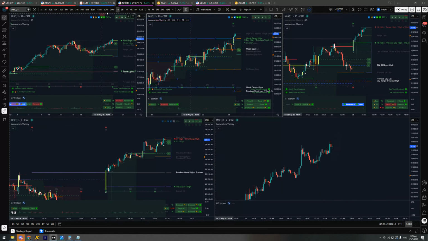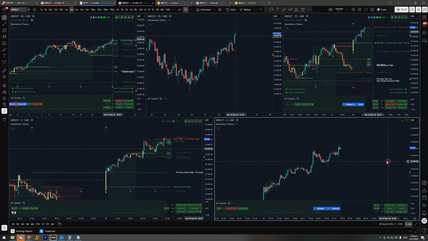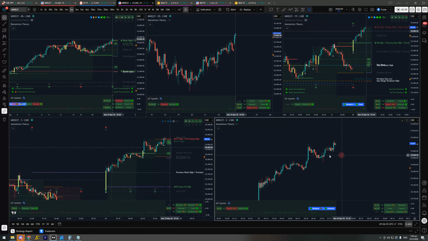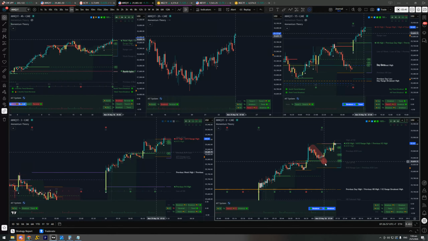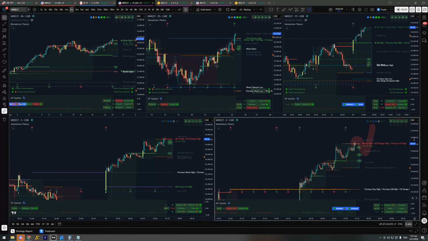See the 2 minutes. So I was essentially looking for a trend retracement on the M2 all the way down here, but didn't do that. So I'm looking for a reversal up at the top here first before continuing.